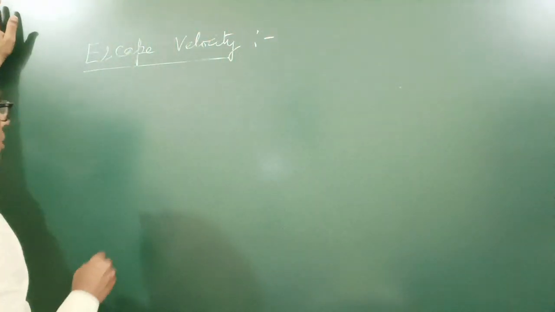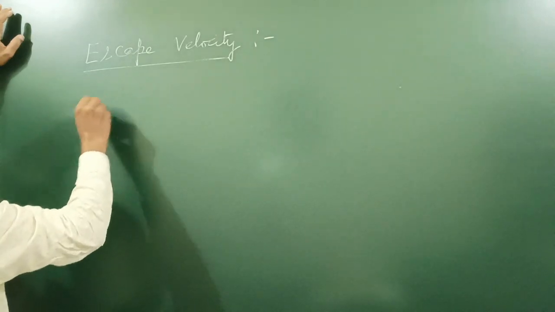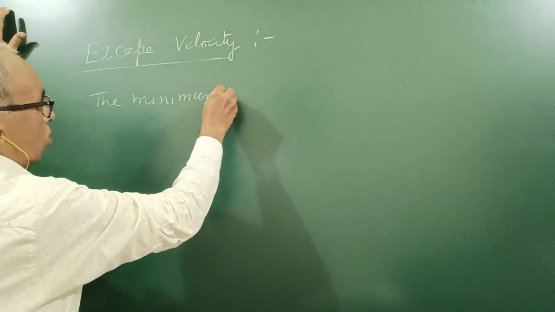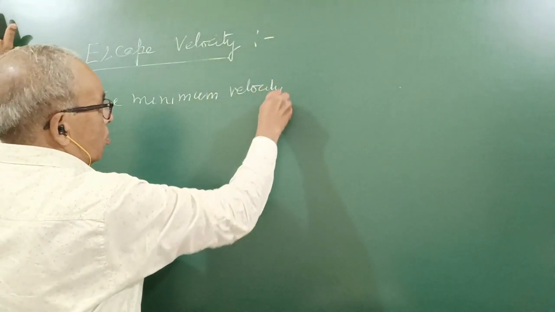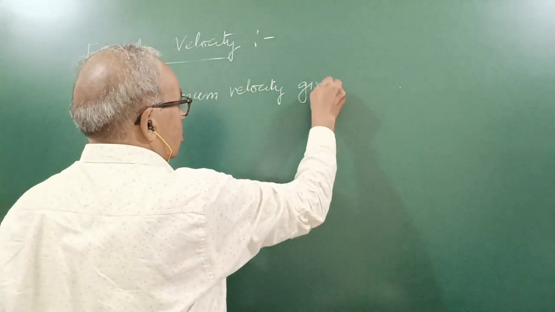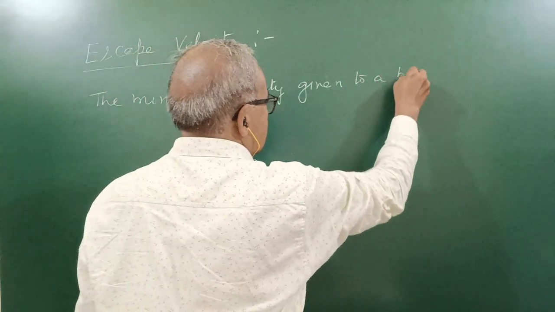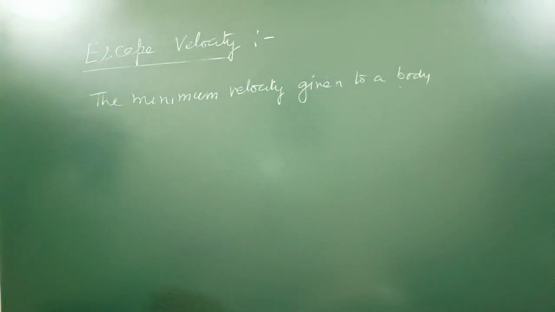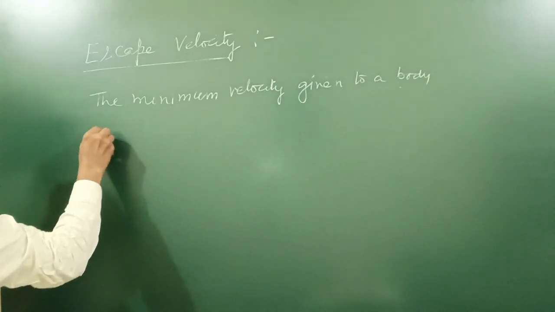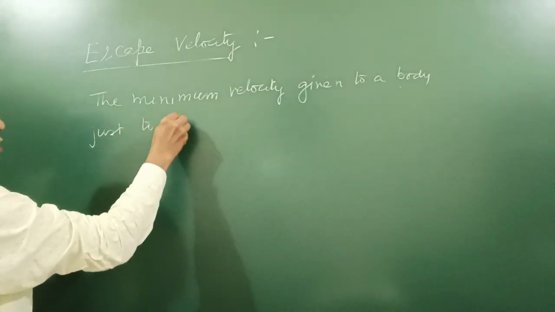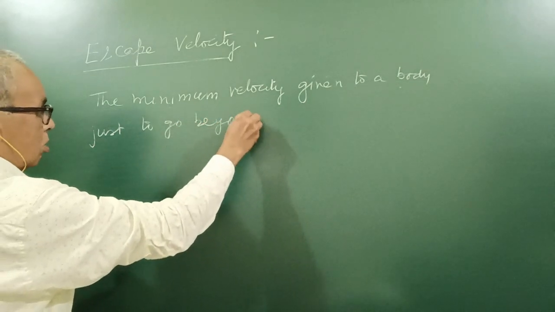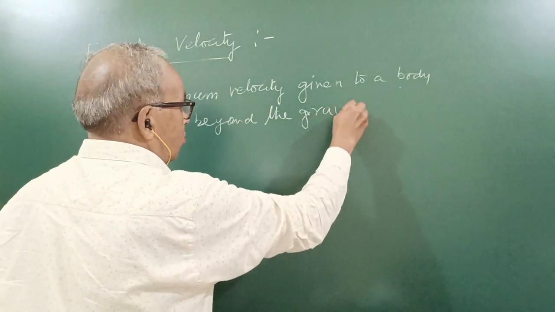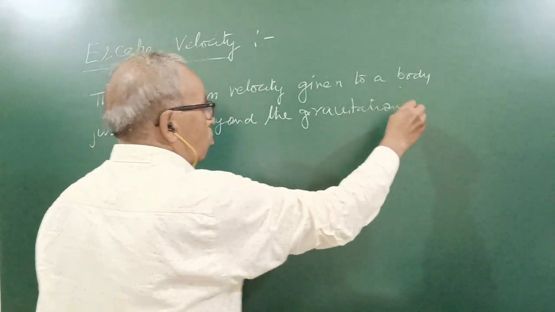So I can say simply: the minimum velocity given to a body just to go beyond the gravitational pull of Earth.